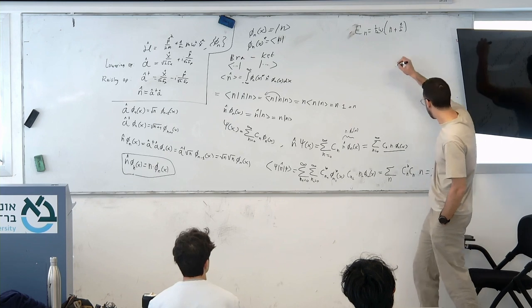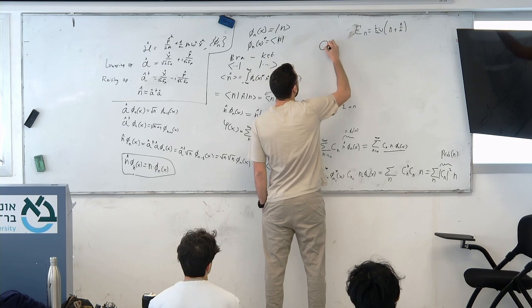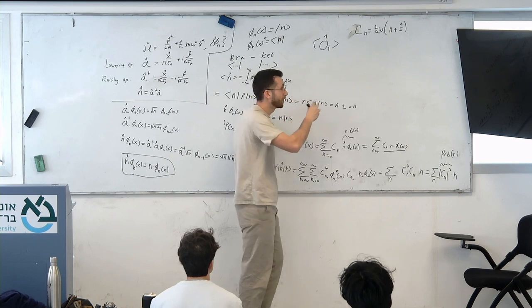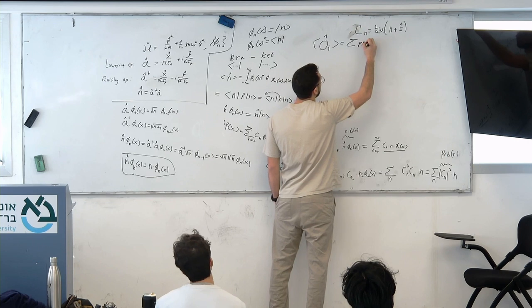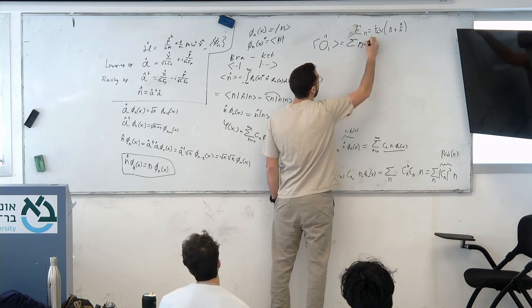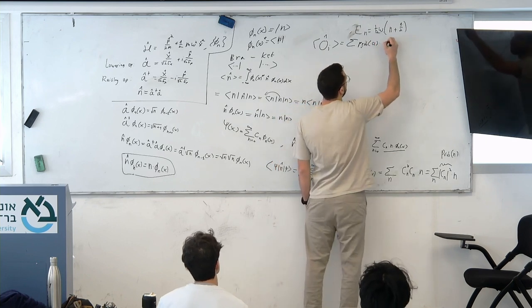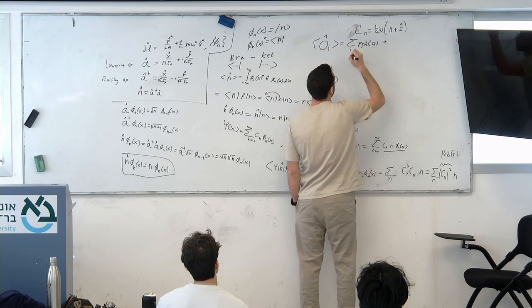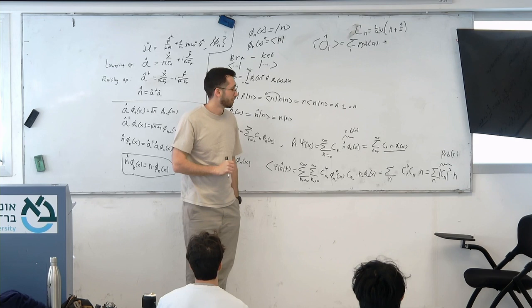So we can say that any average value of an observable, classically meaning, is a sum over the probability to have this observable times the value of this observable. This is from a basic statistics course.